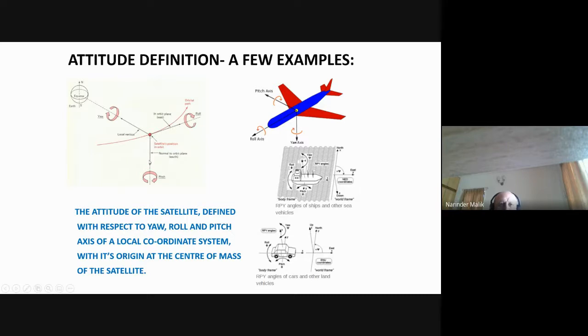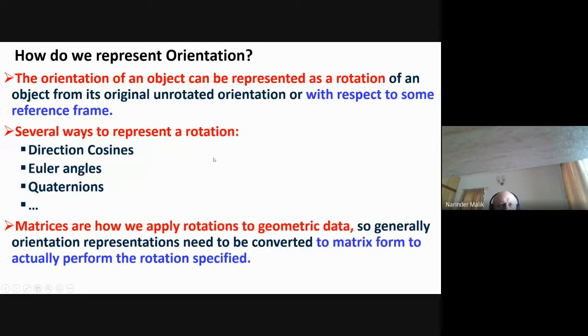Similarly, you define in this direction. Now, how do we define the object in the inertial frame? Orientation of an object can be represented as a rotation of an object from its original unrotated orientation with respect to some frame of reference. There are several ways: direction cosines, Euler angles, quaternions. And in all these, we end up using matrices because it is simple to represent the information in matrix form.